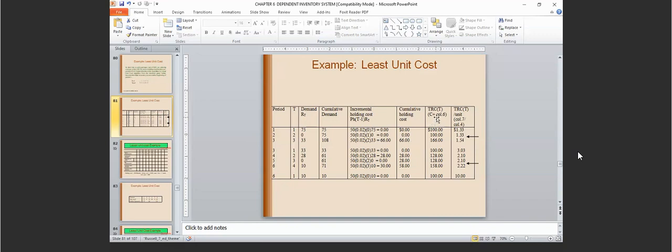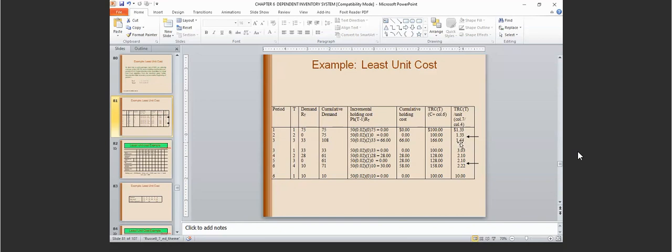For the total relevant cost, 100 ordering cost plus the 66 ringgit cumulative holding cost gives a new total relevant cost of 166, divided by the cumulative demand of 108, so we have 1 ringgit 54 cent.